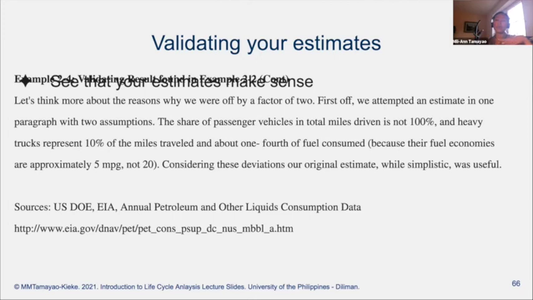So yung assumption na 20 miles per gallon, in-apply natin sa lahat, that is actually a little bit questionable because there are significant differences in terms of fuel economy. And then, again, the miles driven. Okay? So, considering these deviations, our original estimate, while simplistic, was useful.